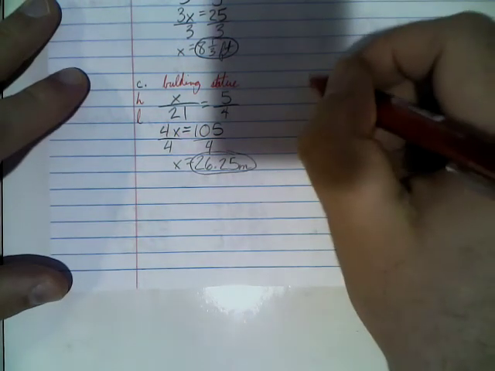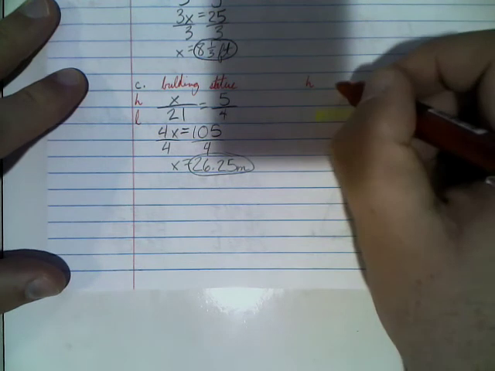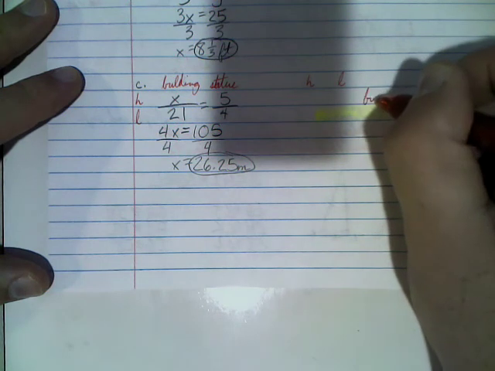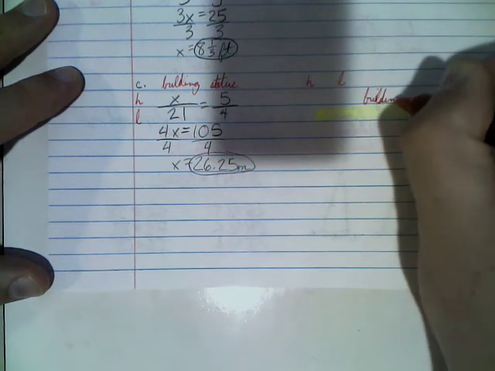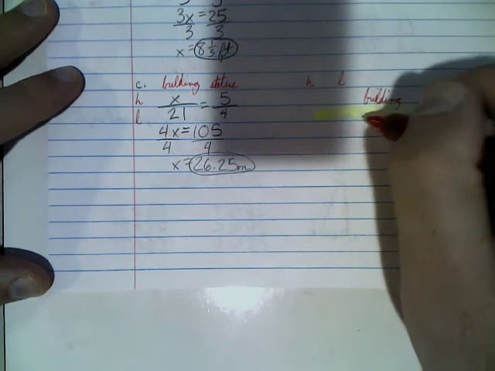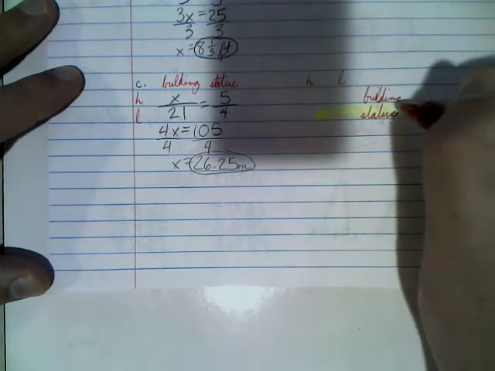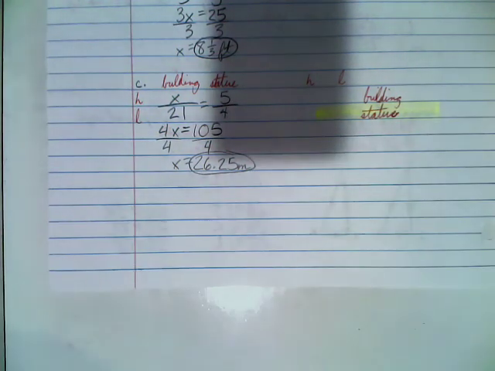Now, ladies and gentlemen, we could have set this up differently. So instead, I could have considered my first ratio to be the heights of each figure, the second to be the length of their shadows. And so in this case, I would have had the building compared to the statue. So if we were to arrange it this way, the height of the building was unknown.